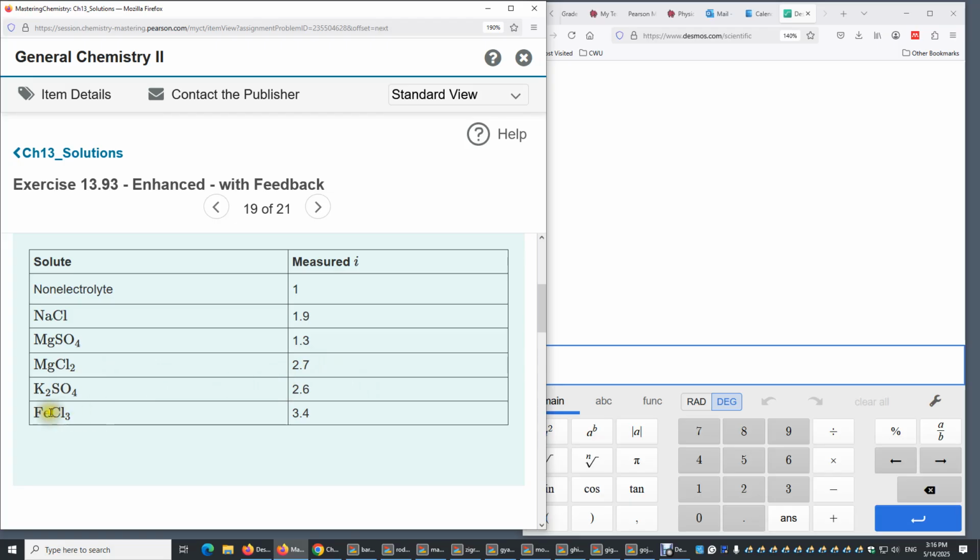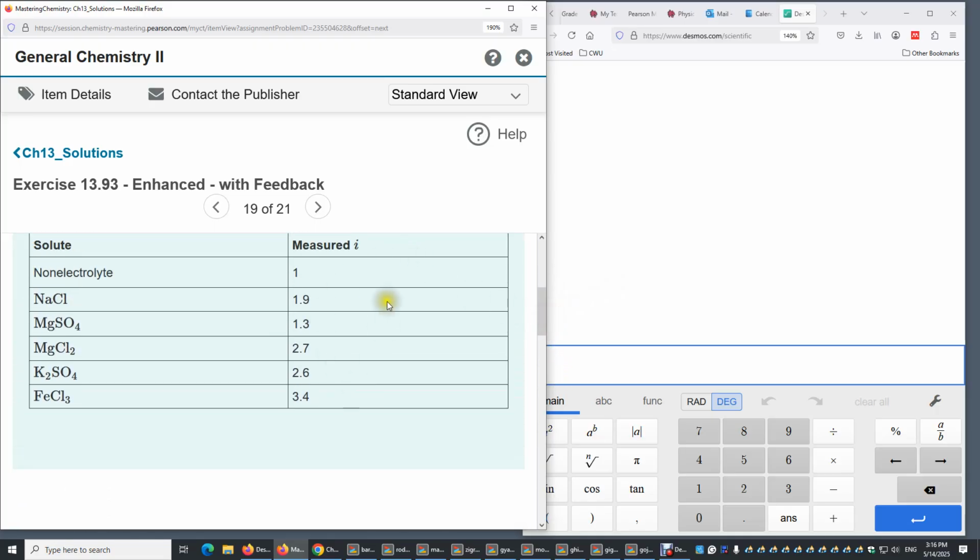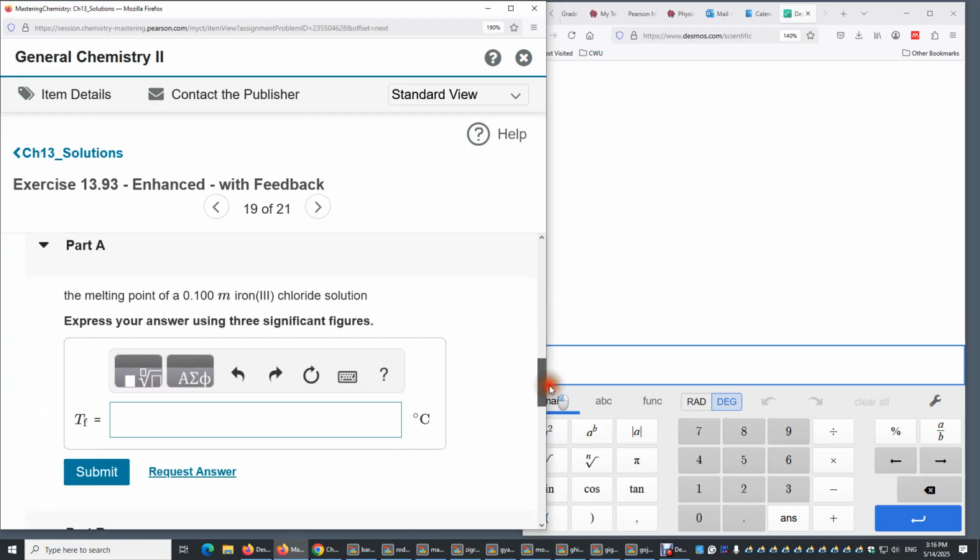Iron chloride decomposes and forms 4 particles, 1 iron 3 plus and 3 chloride ions. So the theoretical value should be 4, but it's 3.4 here. These values are determined using experimental data.